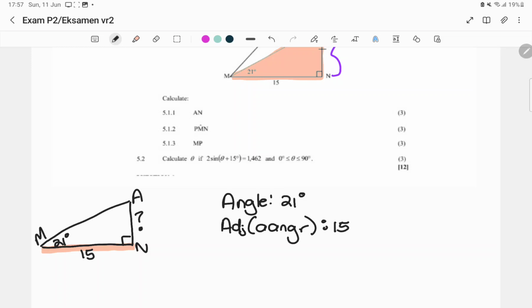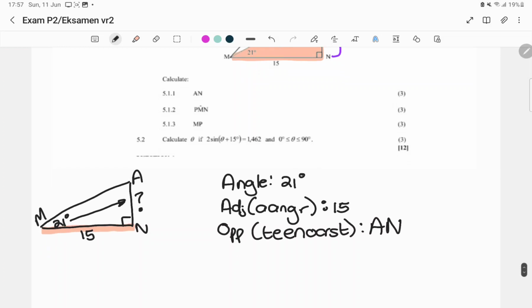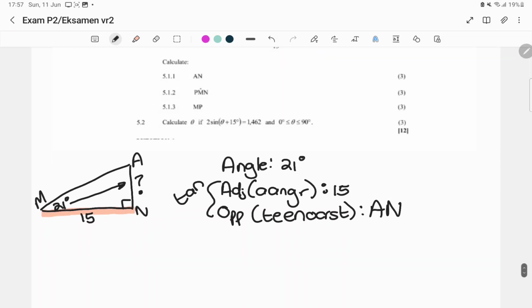The side I want, which is AN, is opposite that angle. So my opposite side is AN. The two ratios we're working with are adjacent and opposite, and we know that that is tan.